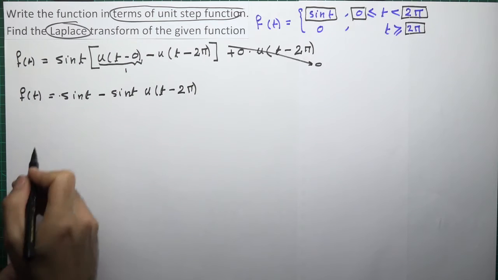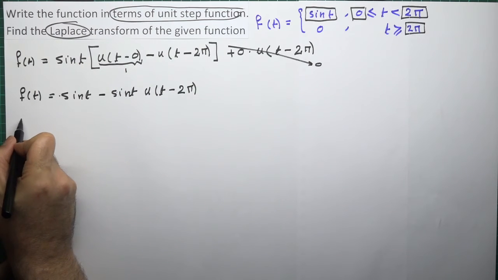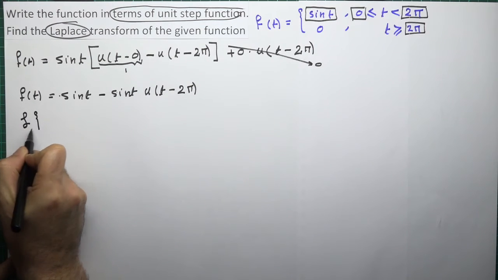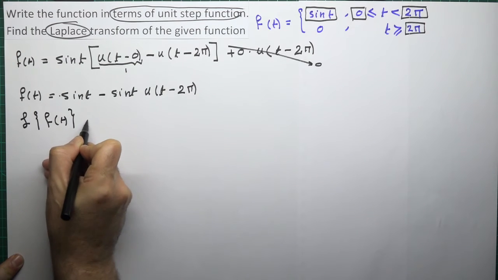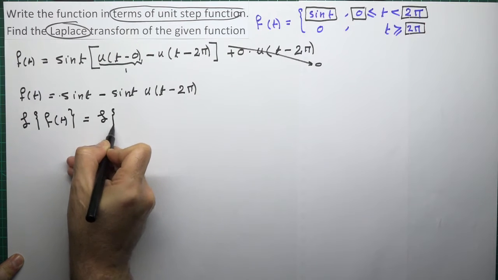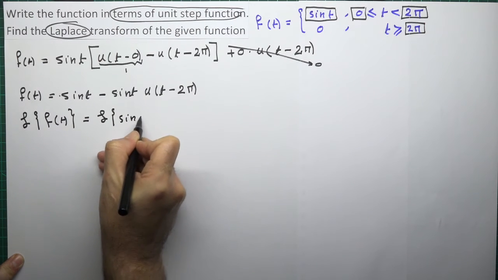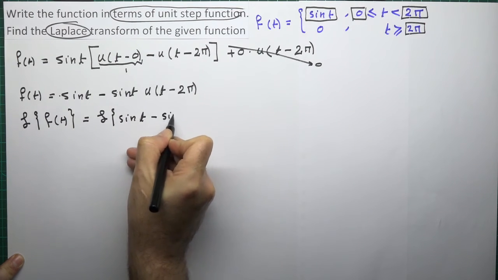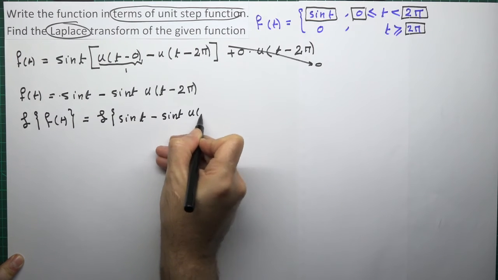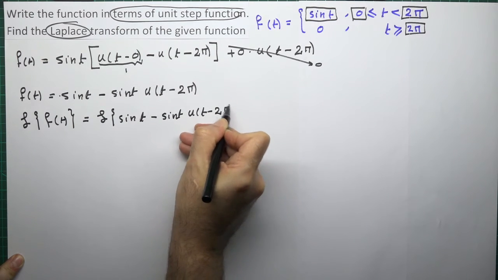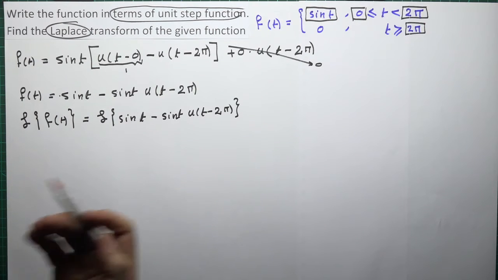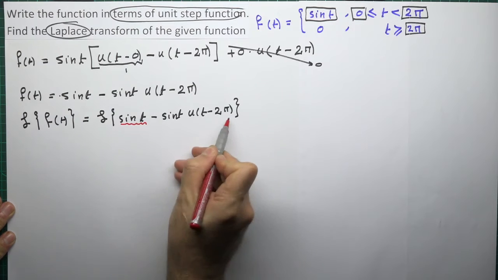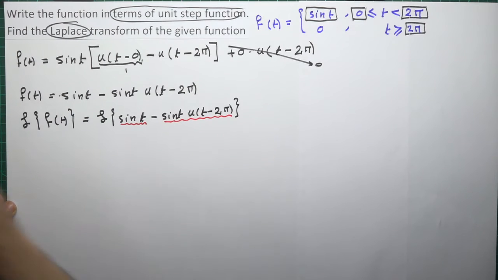الآن يا أصدقاء جاهزين إنه ننتقل للجزء الثاني وهو to find Laplace transform of f of t. It will be طبعا Laplace transform of sine of t minus sine of t u of t minus 2 pi. والآن يا أصدقاء ولأننا نتعامل مع لابلاس ترانسفورم وهو لينير ترانسفورم راح نقوم بتوزيع لابلاس ترانسفورم على كل تيرم موجود جوا هذه الأقواس.